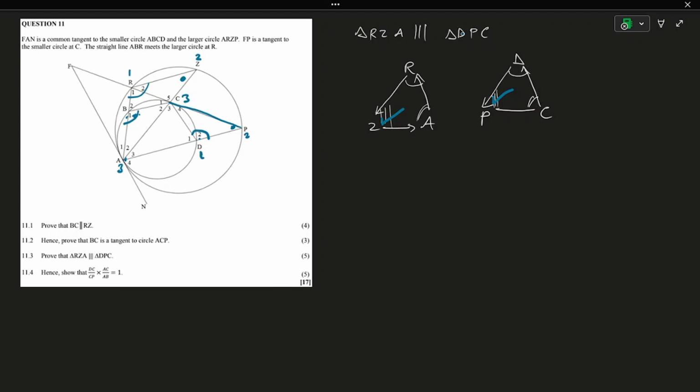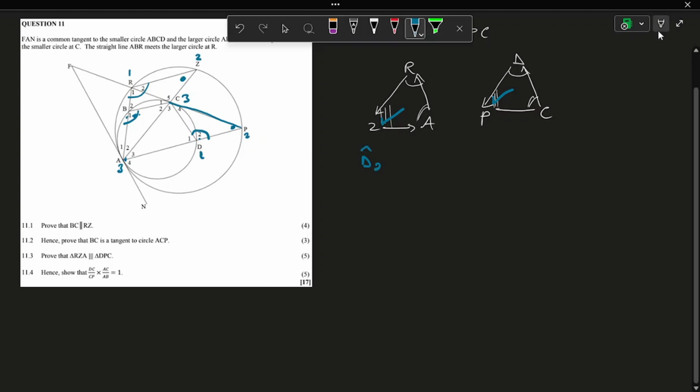Let me just write it down. So first we said D2 is equal to B1 because of an exterior angle of cyclic quad, right?